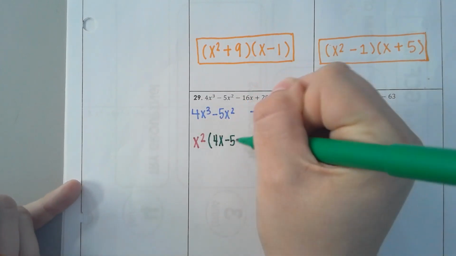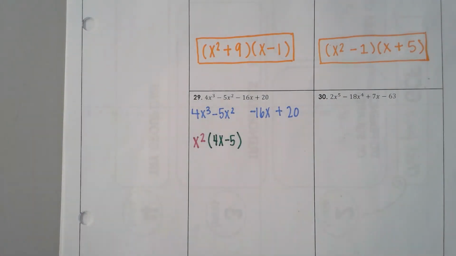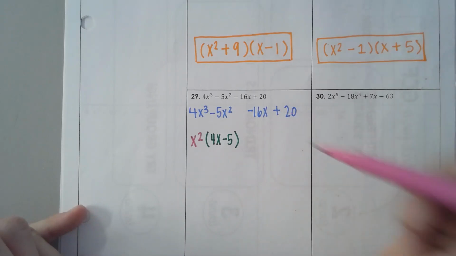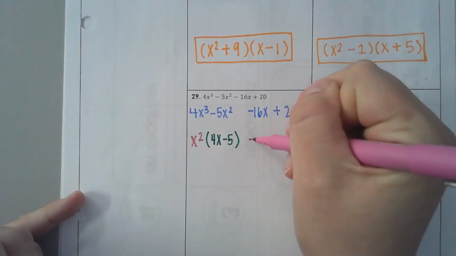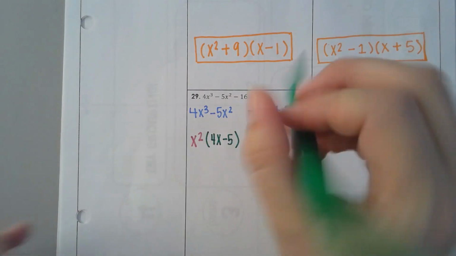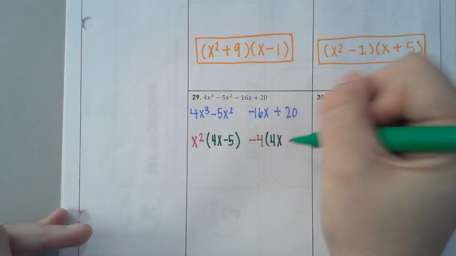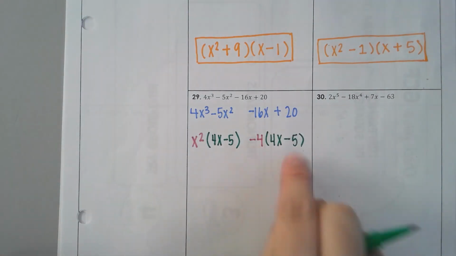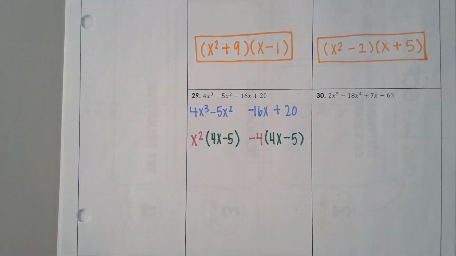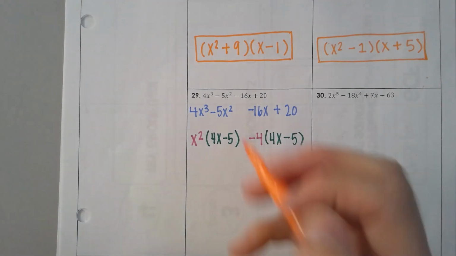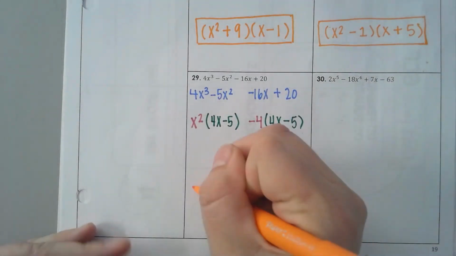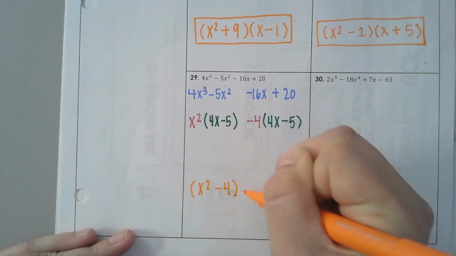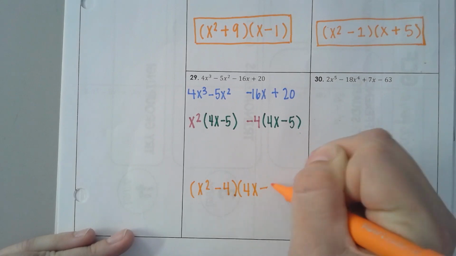Yep. 4x minus 5. And then GCF of the second group? Leaving me with 4x minus 5. Because 20 divided by -4 is -5. So my answer is x squared minus 4, 4x minus 5.